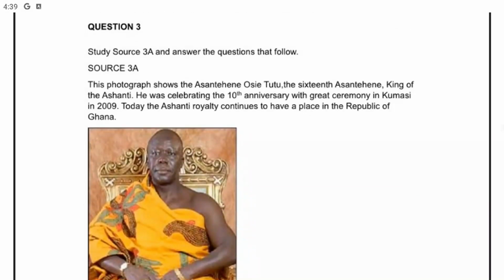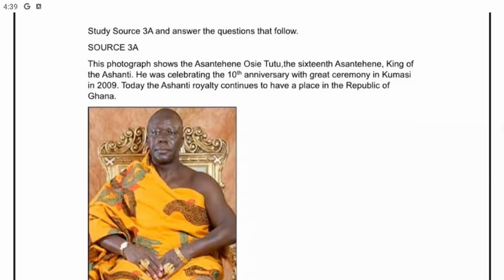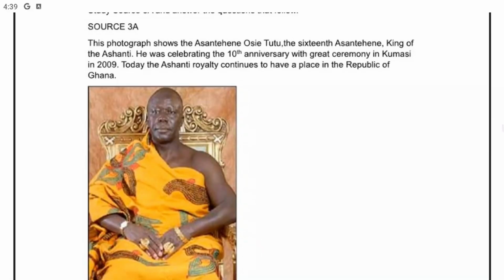Question 3. Study source 3A and answer the questions that follow. Source 3A. This photograph shows the Asante Hene Osei Tutu, the 16th Asante Hene, king of the Ashanti.